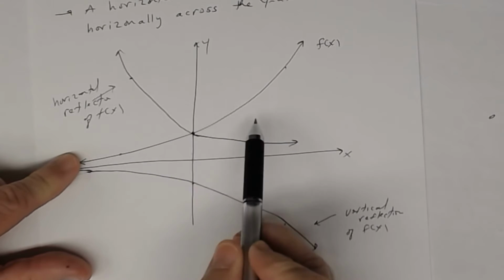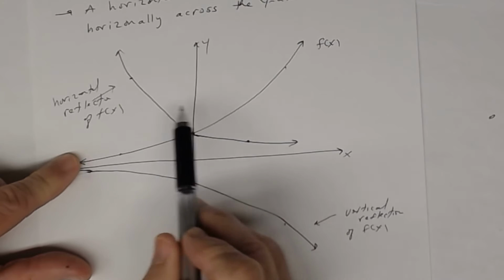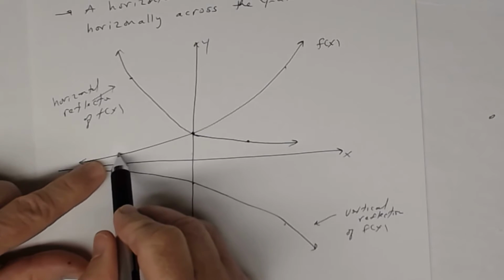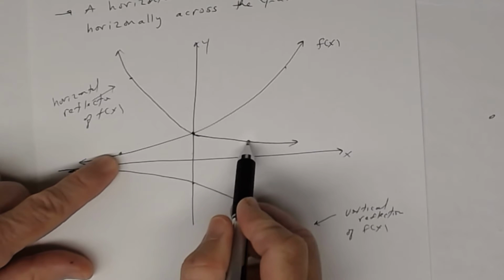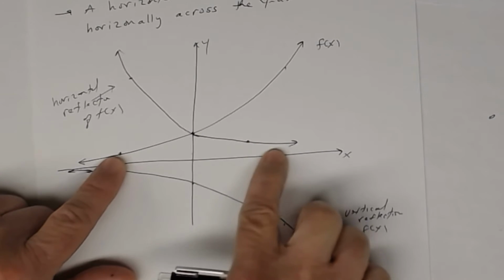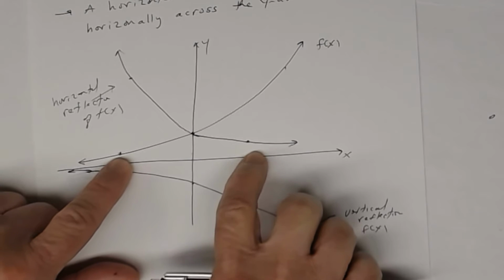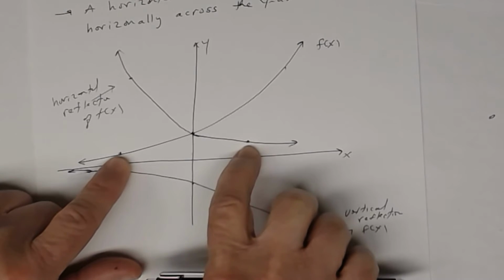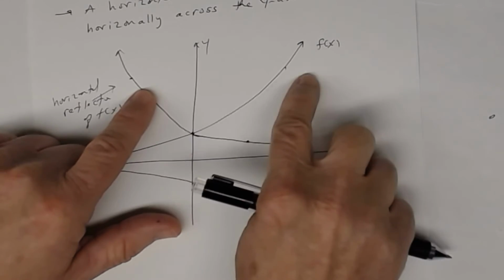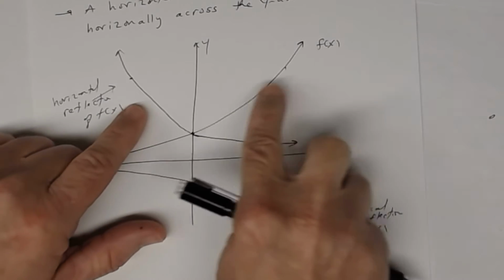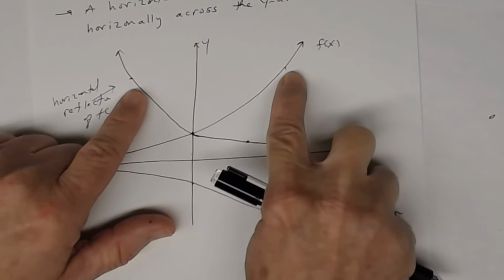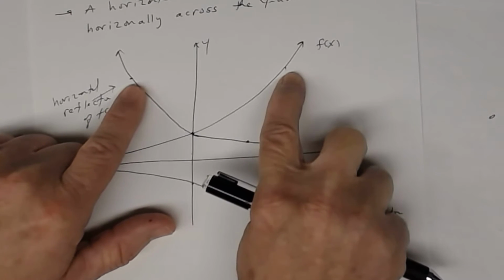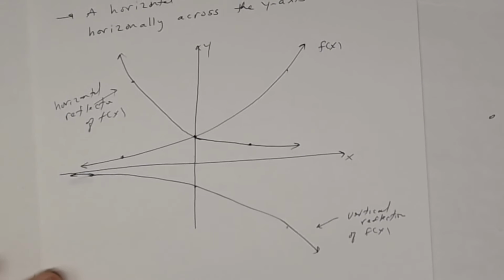When you did the horizontal reflection, notice what stayed the same and what changed. Looking at this point, when I reflected about the y-axis, the y-coordinate stayed the same. It was the x-coordinate that changed, so this x-coordinate and this x-coordinate are opposites. Same thing here. When you reflect this point about the y-axis, the y-coordinates stay the same. This x-coordinate and this x-coordinate are opposites. That's going to be important in a little while.